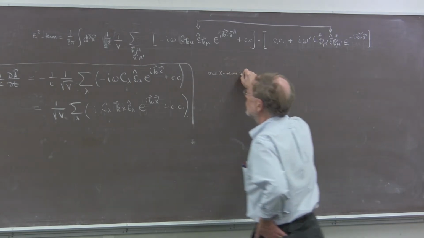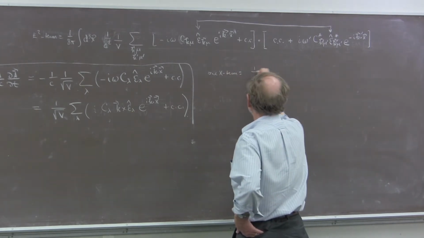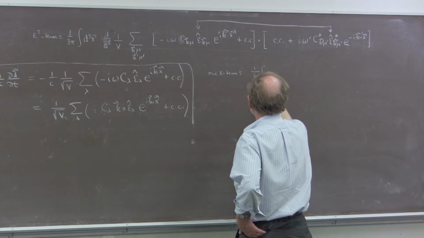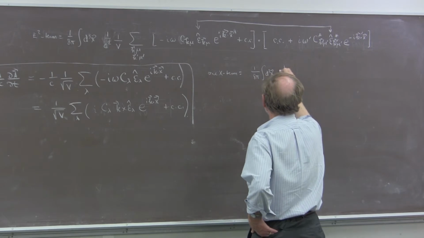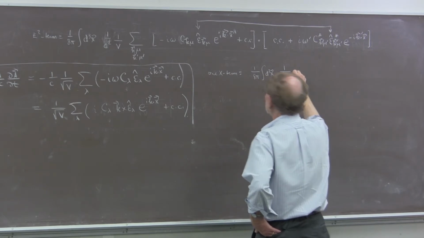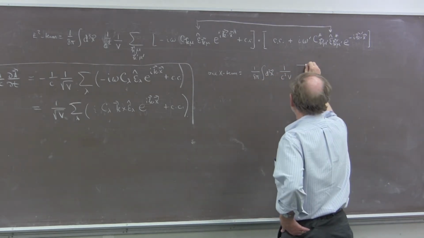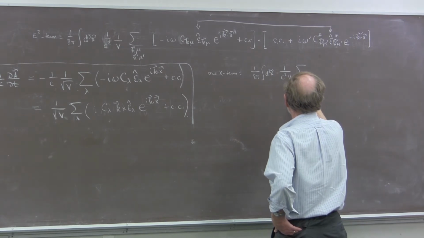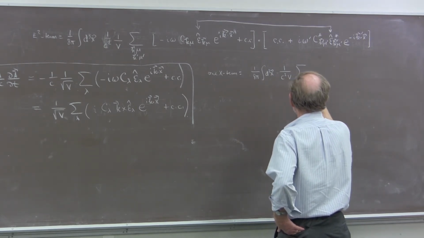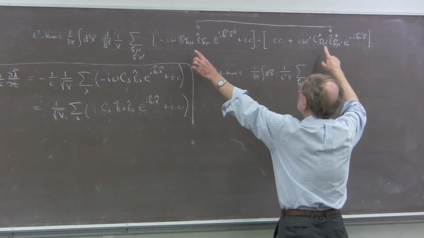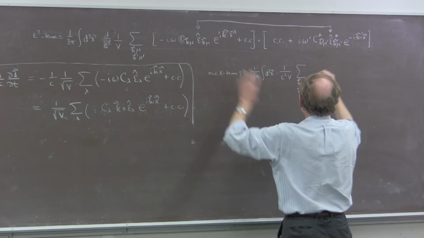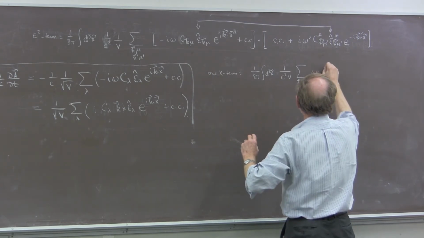What's that equal to? It is 1 over 8 pi, integral d cubed x over the volume of the box, 1 over c squared times the volume of the box downstairs, and sum on k mu and k prime mu prime. So this is a calculation we need to go through here. The product of these two terms, i times minus i, is 1. We have the two frequencies, omega and omega prime.